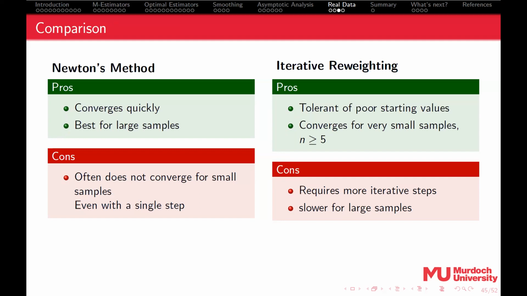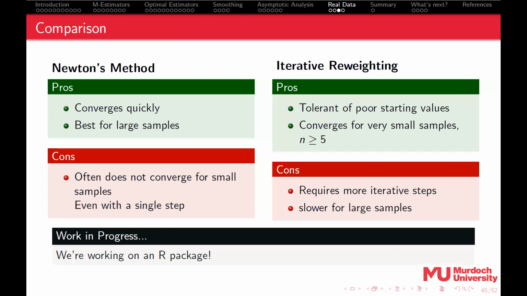Reweighting is small samples, 5 onward. It requires more depth and is slower for large. So a work in progress to have a package where you just have a single function.